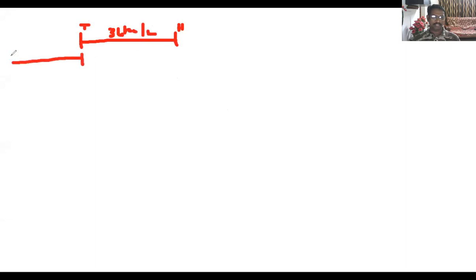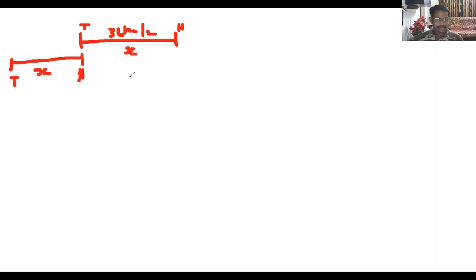It is somewhere here like this. Here is the head, the engine, and the tail is here. It is already given that both are of the same length. This is what we are very clear about.